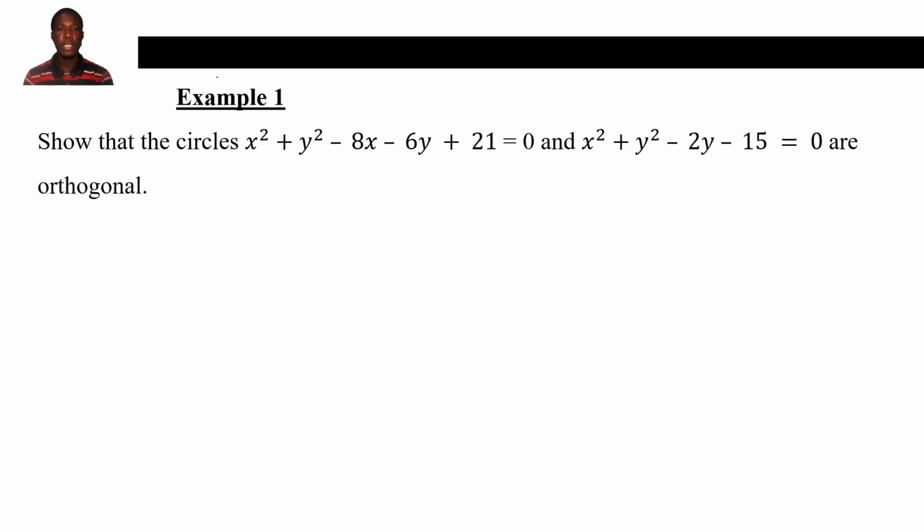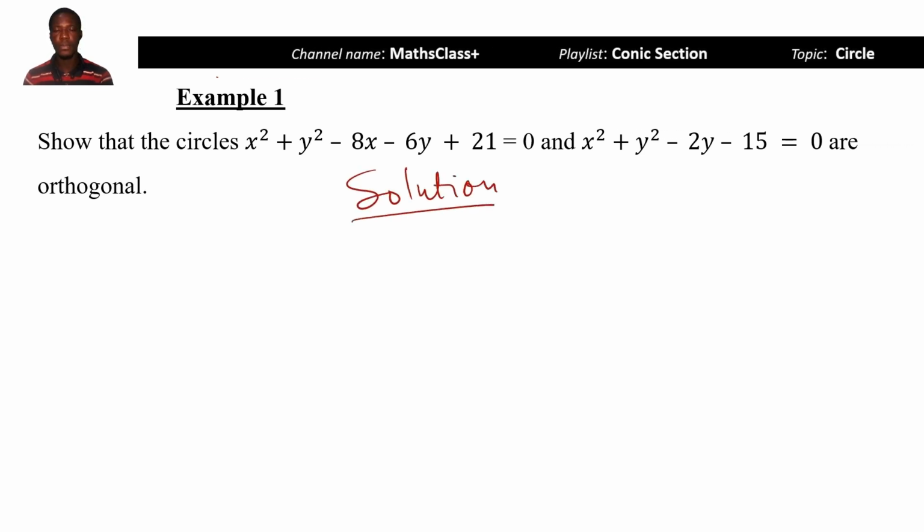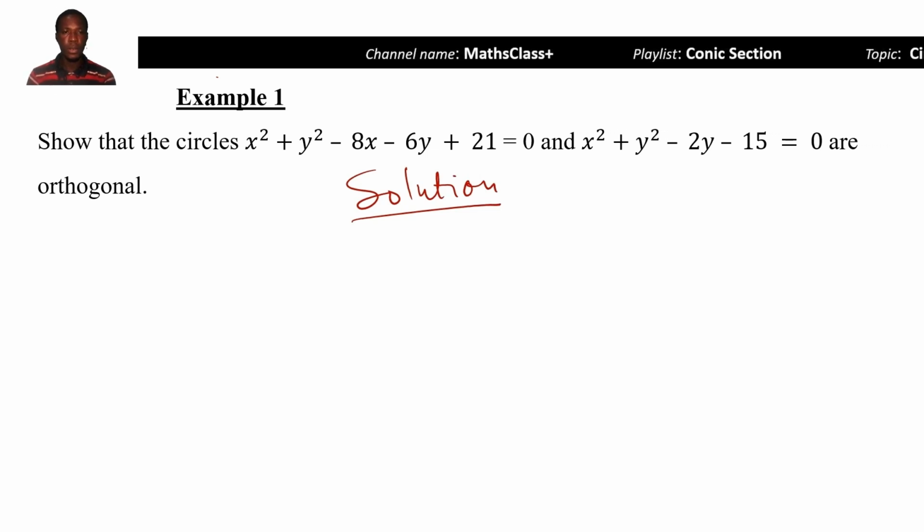Show that the circles x squared plus y squared minus 8x minus 6y plus 21 equals 0, and the circle x squared plus y squared minus 2y minus 15 equals 0 are orthogonal. Solution.